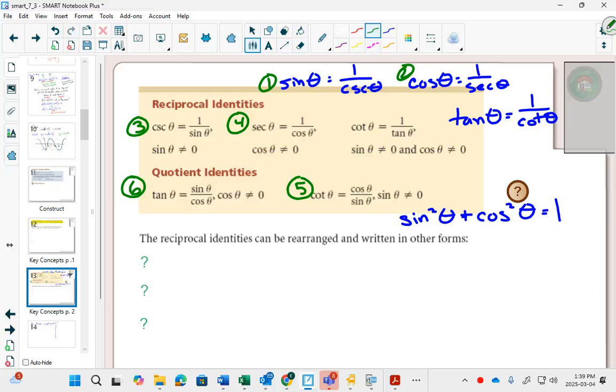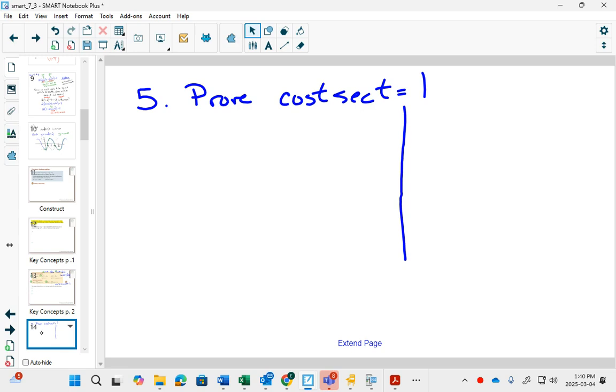This is going to be a good strategy, because if we can take both sides and change things to only sine theta and cos theta, chances are that they'll match up increases. So in this first example that we're doing together, and keeping in mind that strategy, I would say, okay, let's try to change things to just sine theta and cos theta.